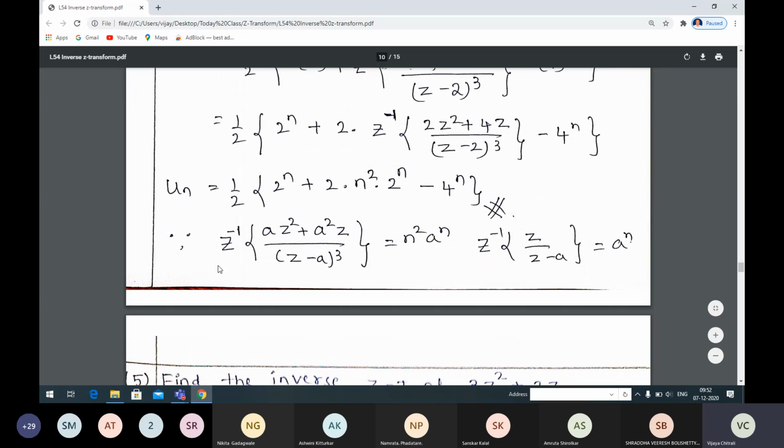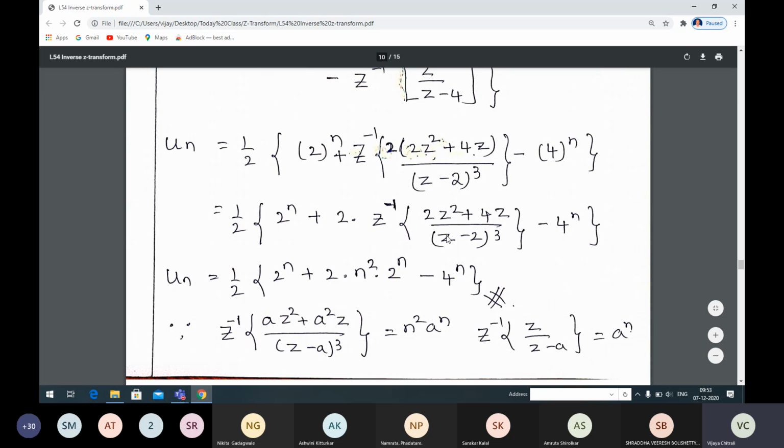So we have z inverse of (a z^2 + a^2 z) divided by (z − a)^3, right? So this is equal to n^2 into a^n. So here a no problem, a is 2, right? And here a z^2 is also there, a z^2 I want, and a^2 z. So here 4z is there, right?